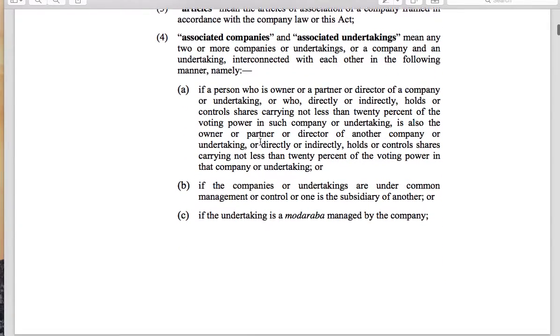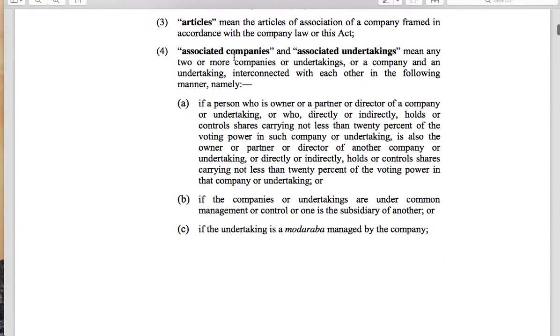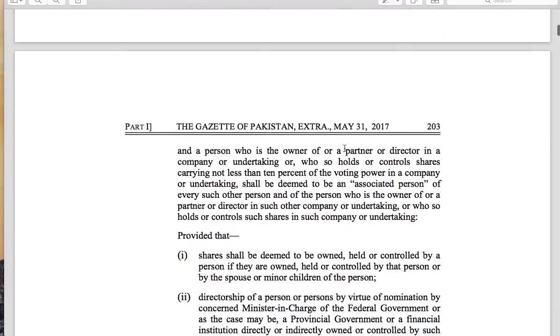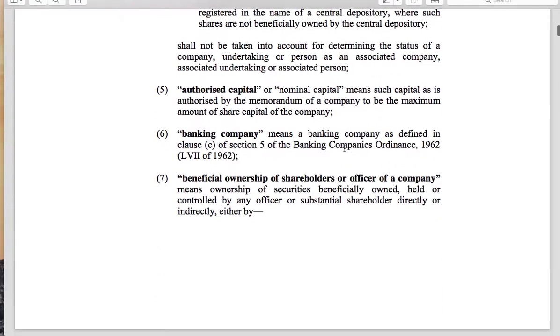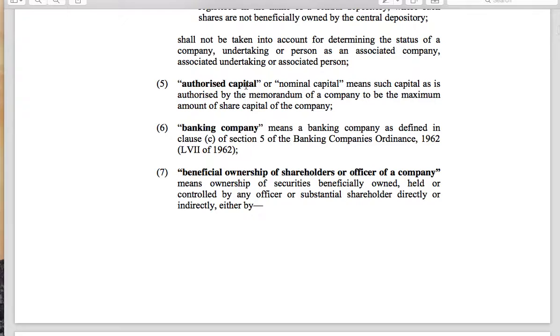And another important thing is, whenever a foreign company, or if you have an existing business and you incorporate a fresh company, you have to be aware of who is your associated company, and that can have a bearing on your company. Authorized capital means the total number of shares that your company can issue.